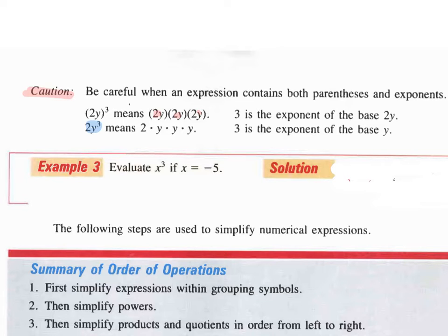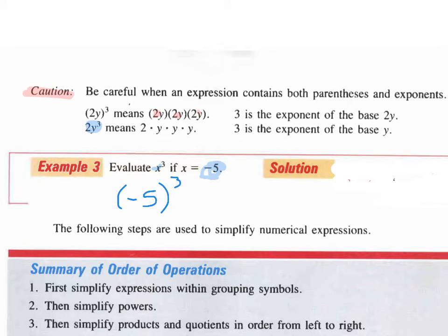Now, whenever I evaluate a variable and it's got an exponent involved, I always replace my variable with whatever value they're giving me, and I place it in parentheses, because this is going to change my answer if I don't put it in parentheses. So I'm going to put -5 in parentheses. It's going in place of the letter x, and then I'm going to raise it to the 3rd power.